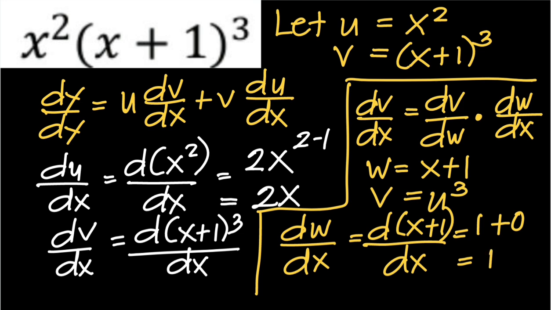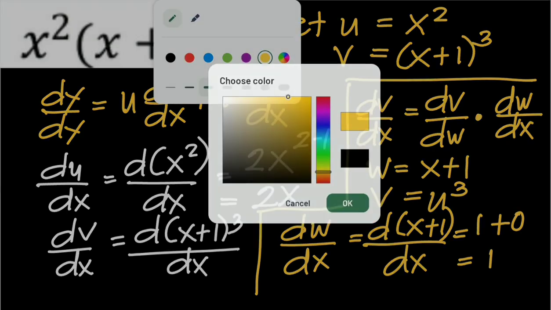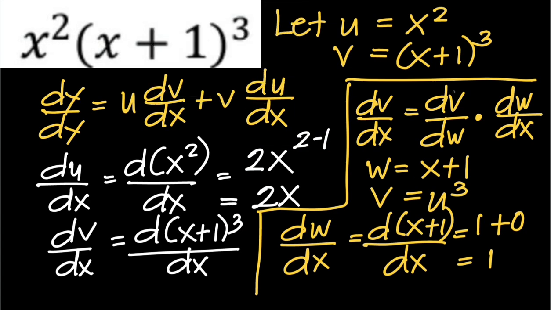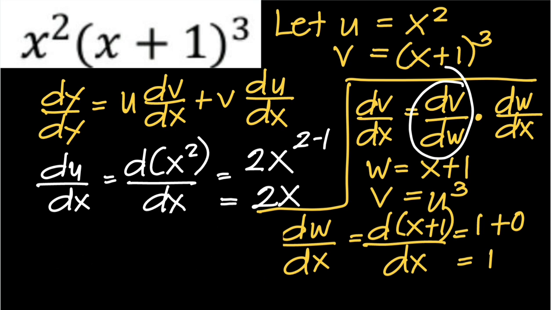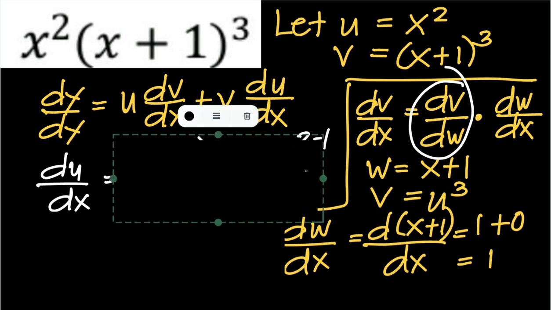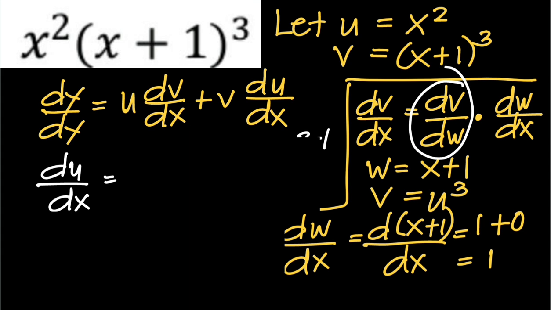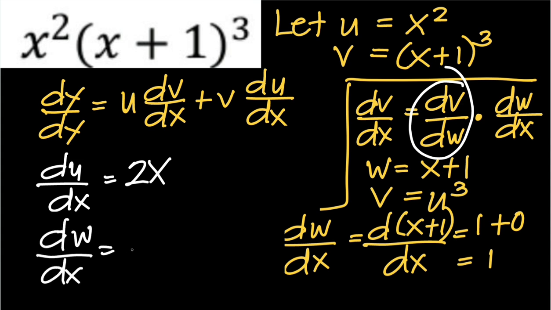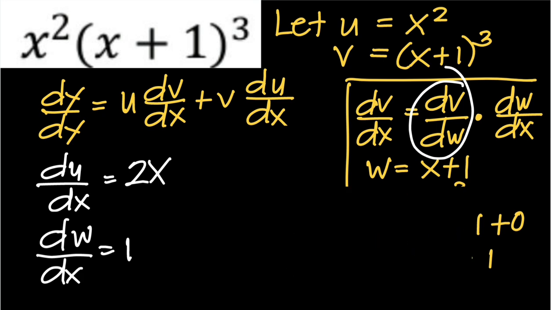So we already have dw over dx, and now we need to solve for dv over dw. I'll just put that here so we won't forget: du over dx is 2x, and dw over dx is equal to 1.